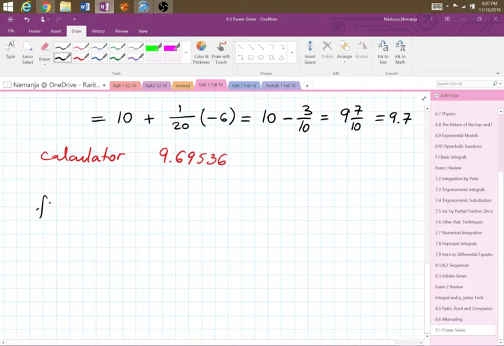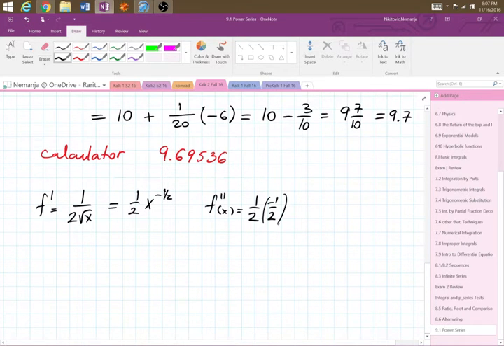So if the first derivative was 1 over 2 root x, I'm going to rewrite that as 1/2 times x to the minus 1/2, and then take the derivative of that for the second derivative: copy 1/2, bring negative 1/2 down, and then x to the negative 3/2, which is negative quarter x to the 3/2 in the denominator.